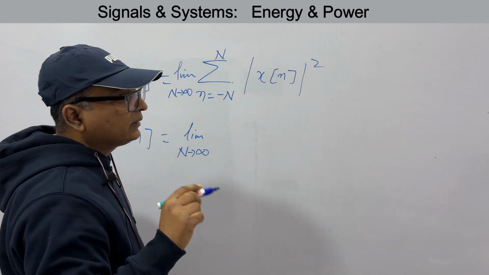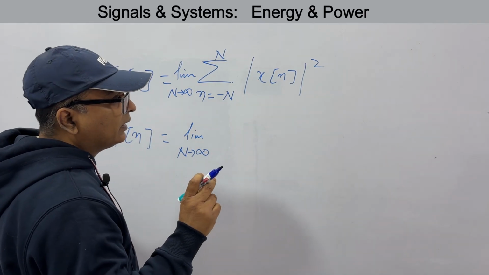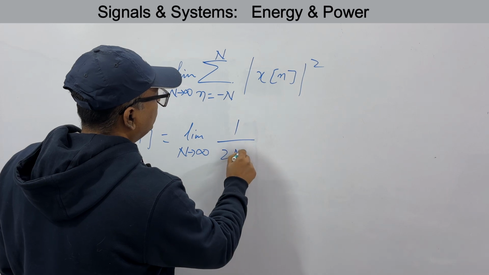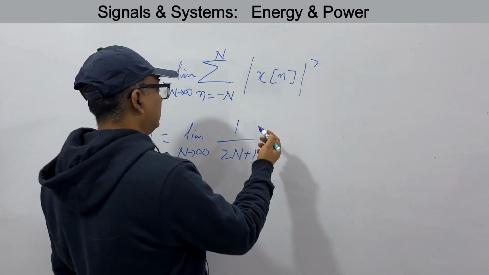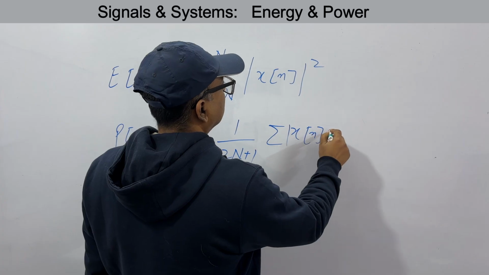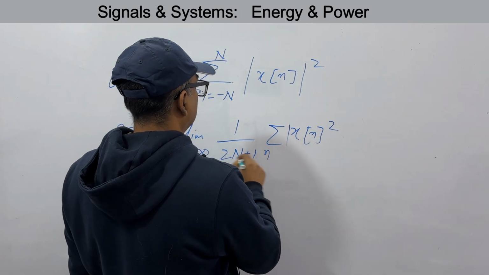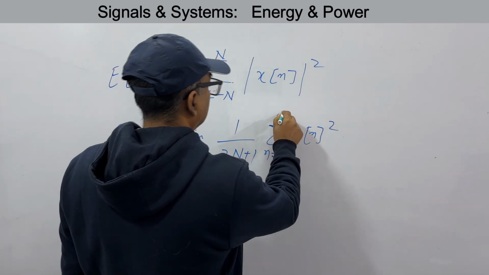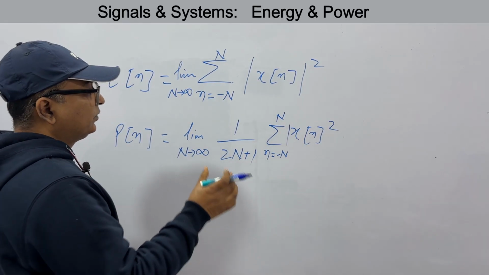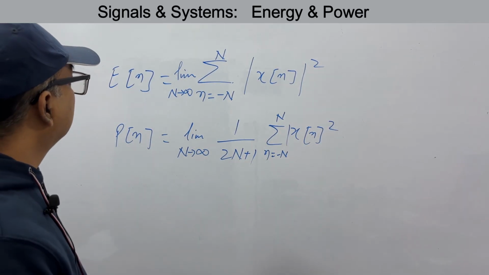That was n2 minus n1 plus 1, so this will now be 2N plus 1. So this is 1 by (2N plus 1), and the summation is the same. So we have put the value and got this 2N plus 1. Clear?